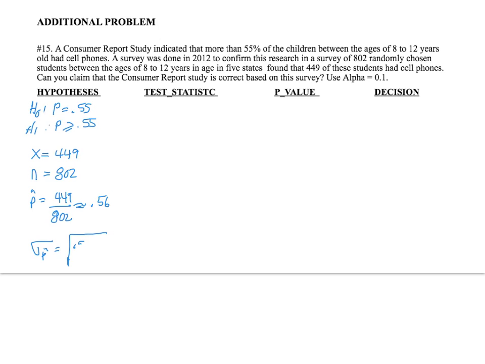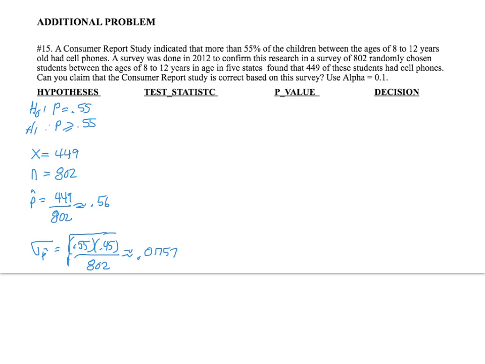So it's going to be the square root of 0.55 times 0.45, the complement, divided by 802. And here we get approximately 0.01757. I usually take this out as far as I can because we want to do our test statistic correctly.